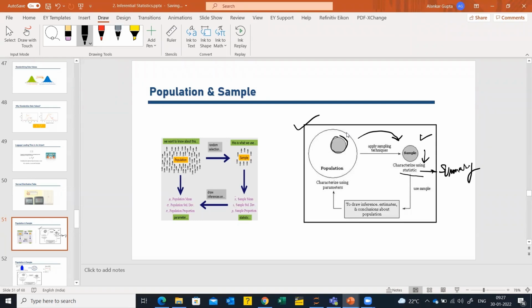Please note this. So based on this statistic, you make inferences, or we draw inferences, and from that inference we actually draw conclusions about the entire population.